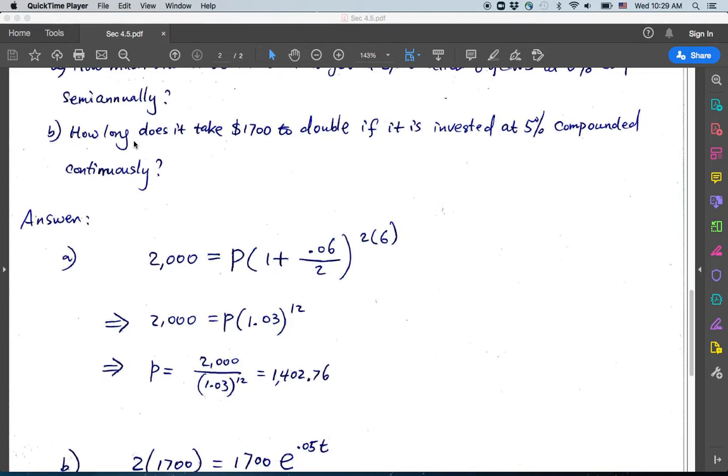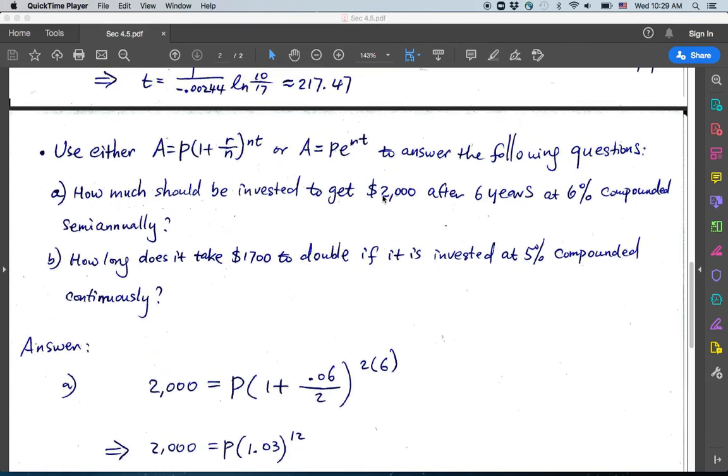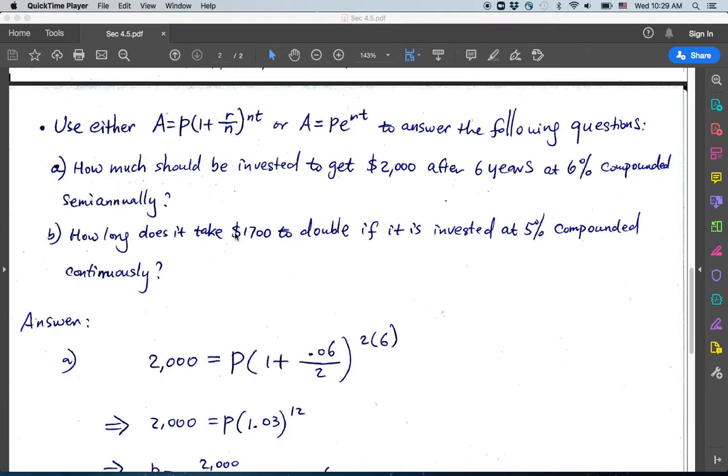Next one. How long does it take $1,700 to double if it is invested at 5% compounded continuously? Okay, so we're going to use this formula to solve this problem. So the initial deposit is $1,700.